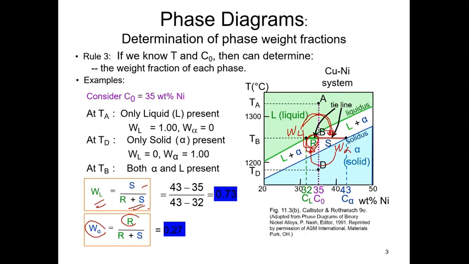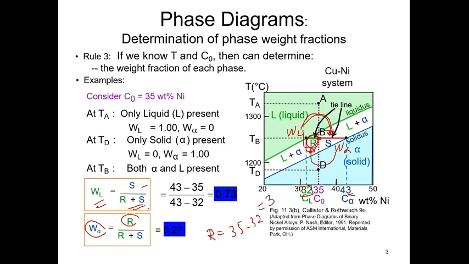Okay, and then you put in the values. For example here, at this point is 43. At this point is 32. So R means the distance between B and 32. So R means 35 minus 32, where you get 3.